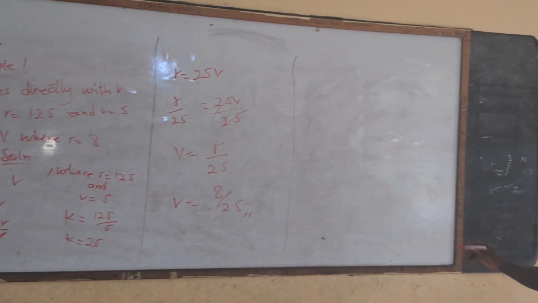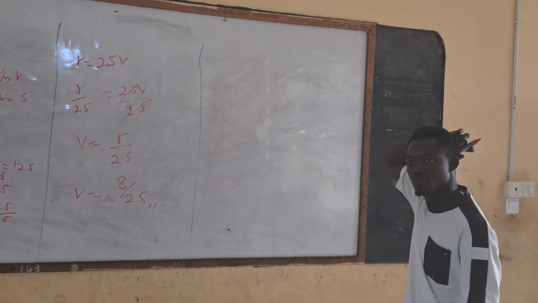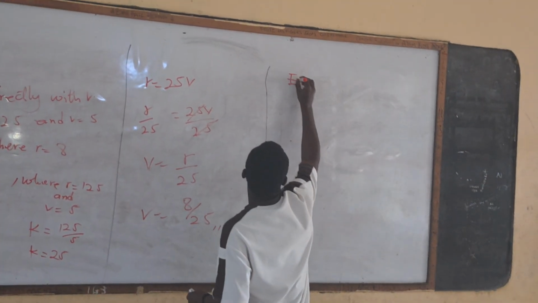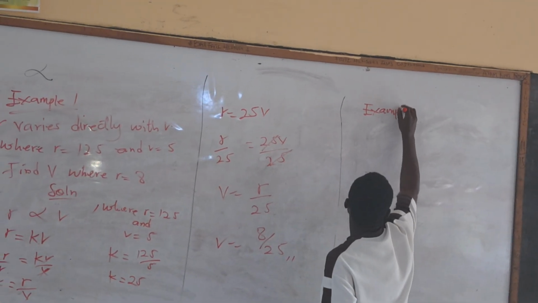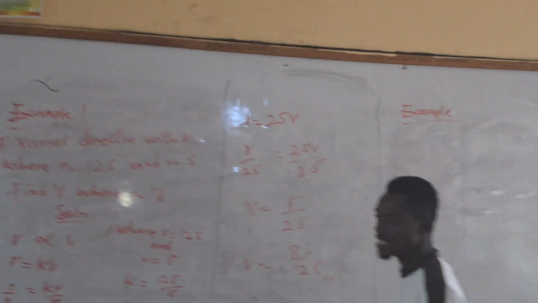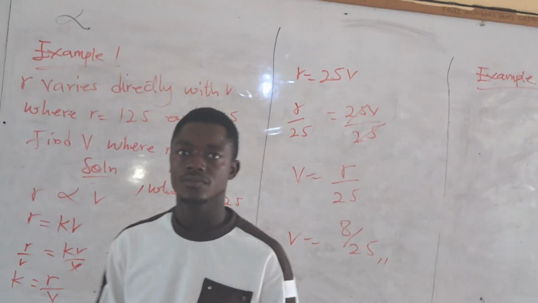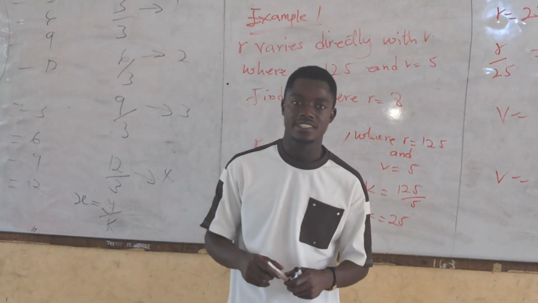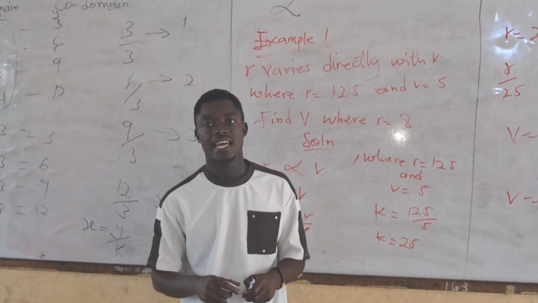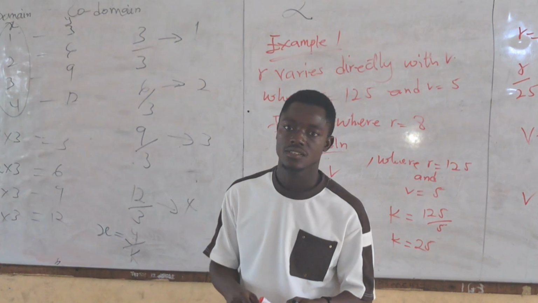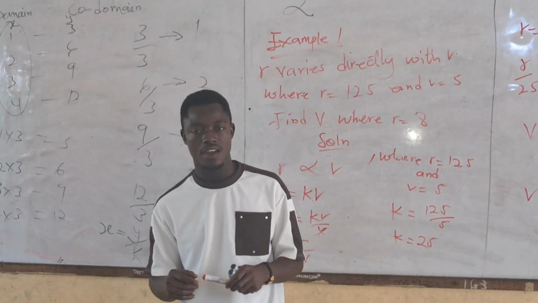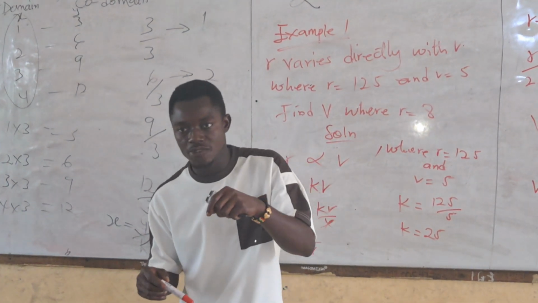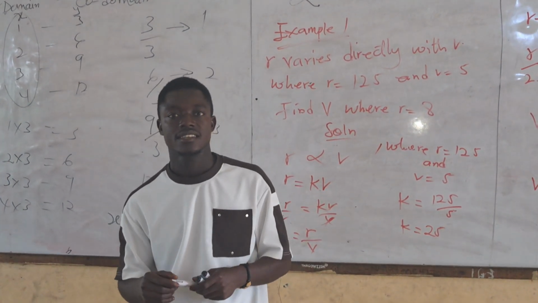So this is example 1. So we are going to take example 2. So let's write example 2. Y varies directly as the cube root of x.